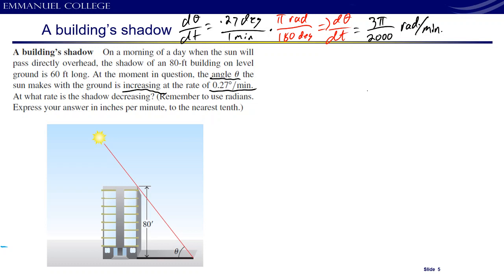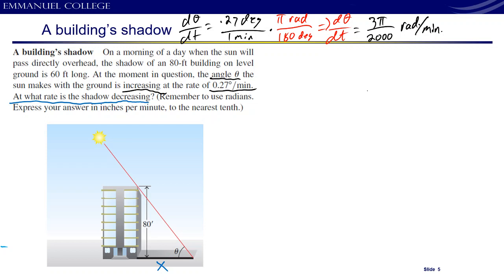Now let's start identifying some of the other problems we have. First thing I want to do is identify what I'm after. And I'm after the rate of change of the shadow. So kind of like the first problem, again, we need to identify. We're going to call our shadow just x.